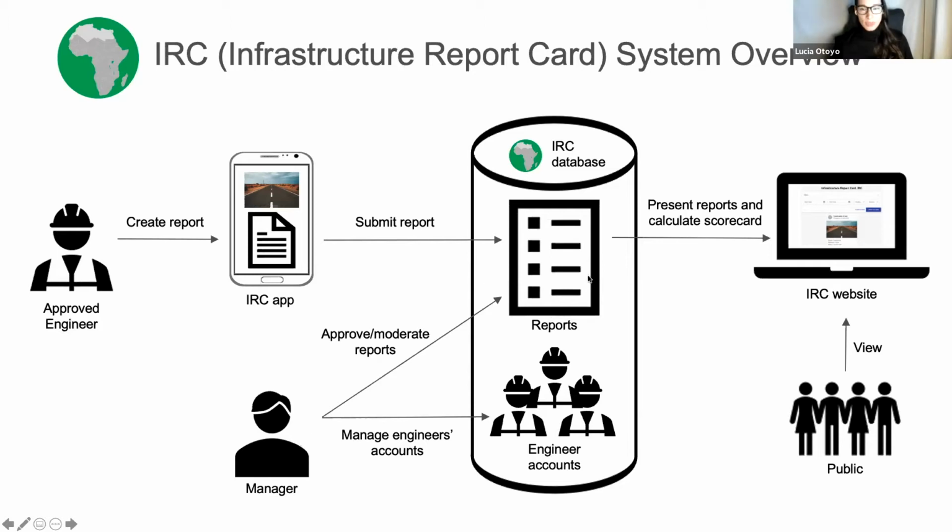Once the report is moderated, then it will be publicly viewable. So anyone accessing a website, that particular URL, can view a list of all of those reports that have been submitted and published, and they can see the scorecard as well. So at a high level, this is what the system does.